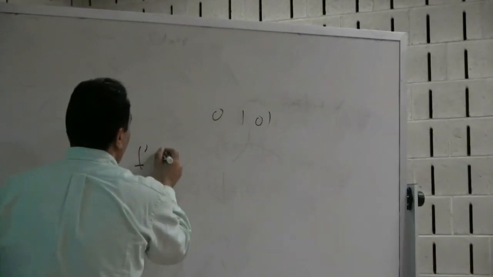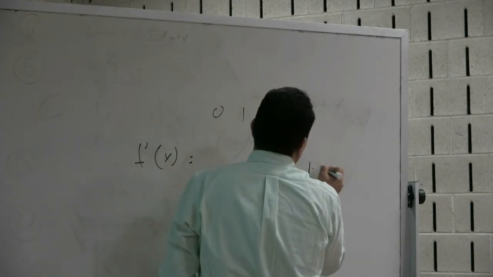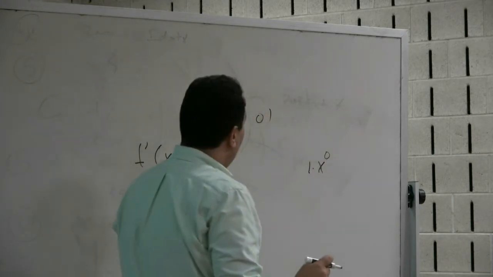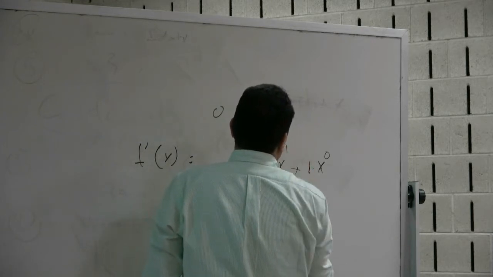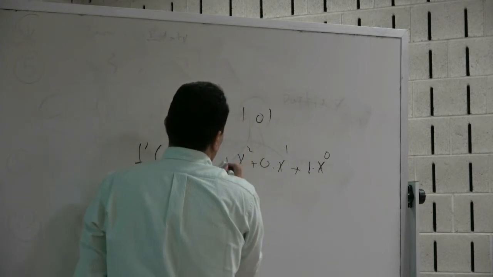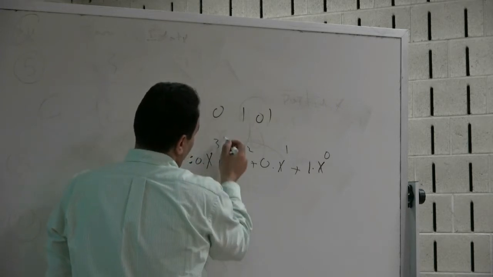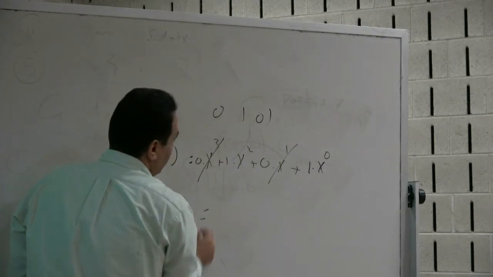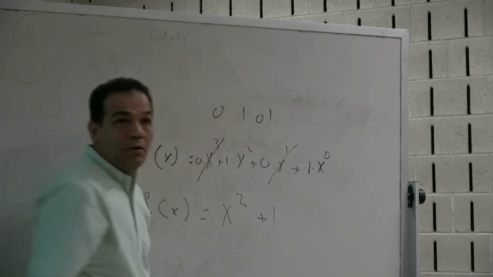So f of x equals, we start from here, 1 times x to the power 0, plus 0 times x to the power 1, plus 1 times x to the power 2, plus 0 times x to the power 3. The zero terms go away, so f of x equals x squared plus 1.